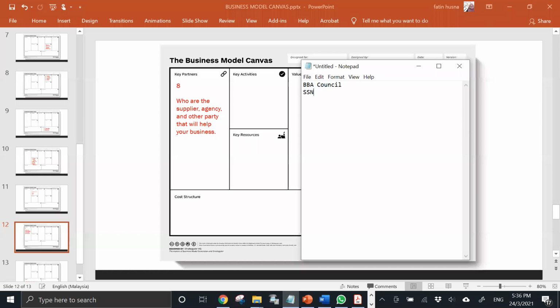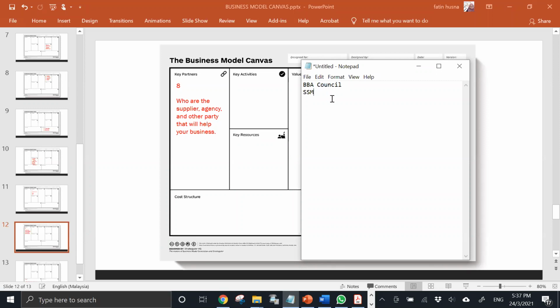So SSM. That one is a must. These two things are a must. If let's say you're doing offline, there are many more key partners, like for example, typhoid and all. But because you are not doing offline, you are doing online, I think these are the two musts.